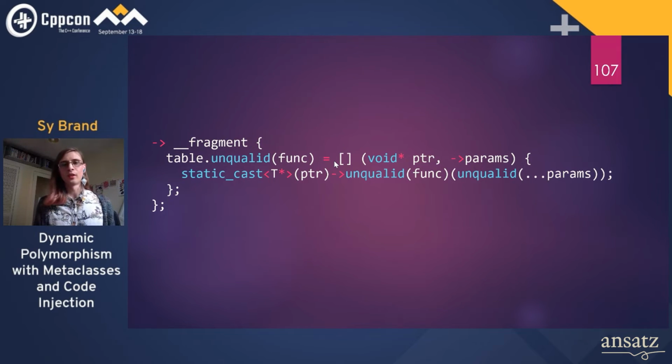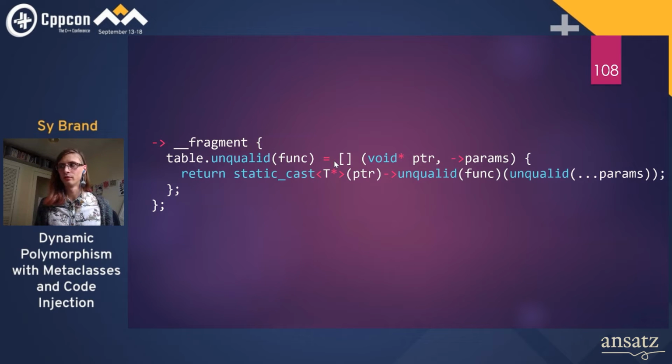Then, if we have any additional parameters, we inject the types into that lambda declaration, into the signature and the parameters. And we also want to pass those parameters inside the body of the function. Finally, in case the function returns anything, speak returned void, but if something returns an int or whatever, then we need to return.